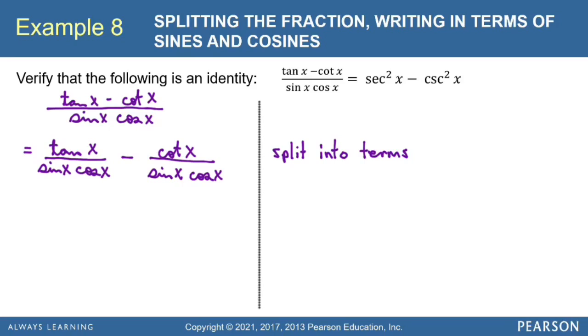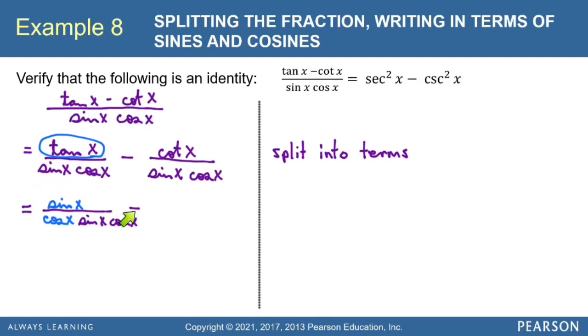Okay, now I notice that in each term I have a tangent or a cotangent, and I know that I can use quotient identities to write those in terms of sines and cosines. So in the first term, let's circle the tangent of x and restate that as sine of x over cosine of x. Now in the denominator, I'm still going to have sine of x times cosine of x.